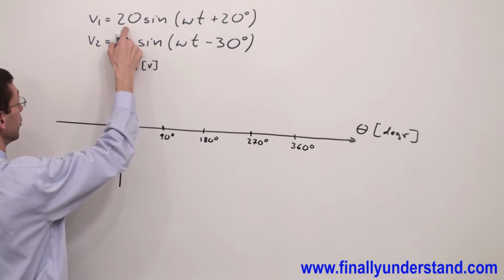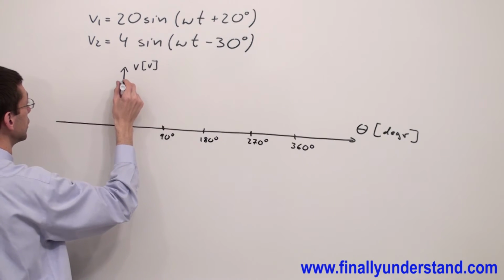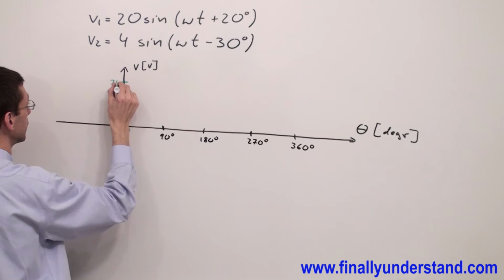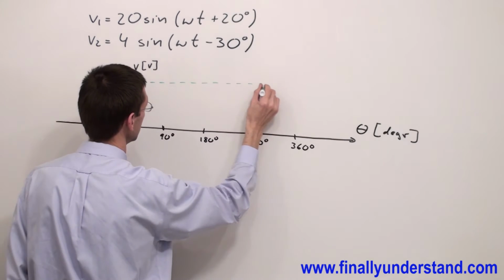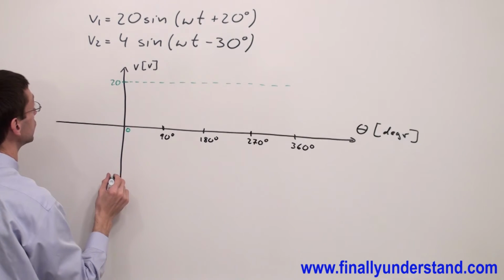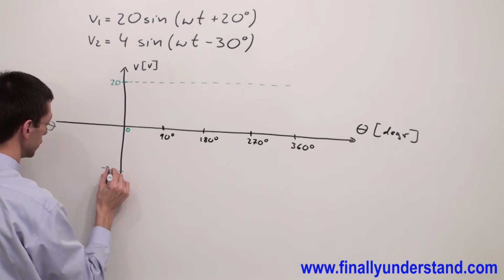So my peak value of my voltage is 20 volts. I'm going to draw the dashed line in order to make the wave looking symmetrical. And this is going to be minus 20.